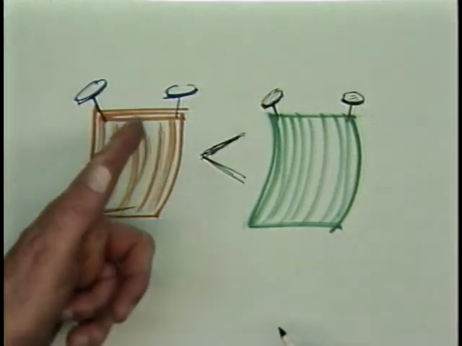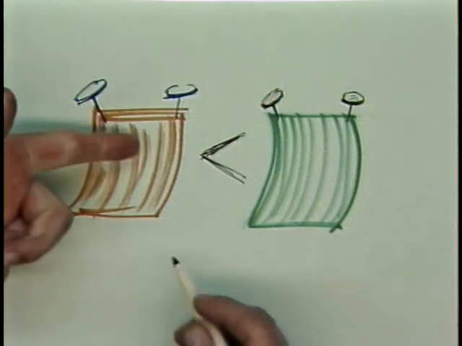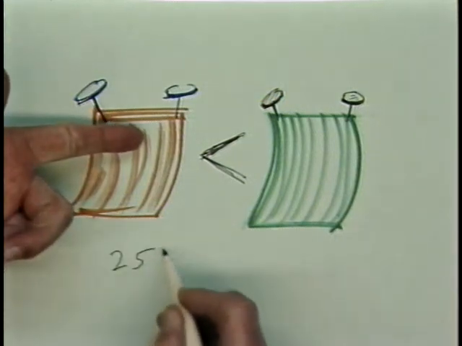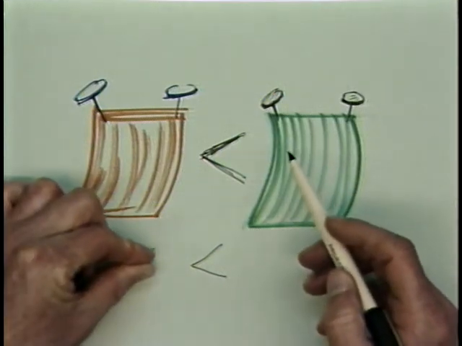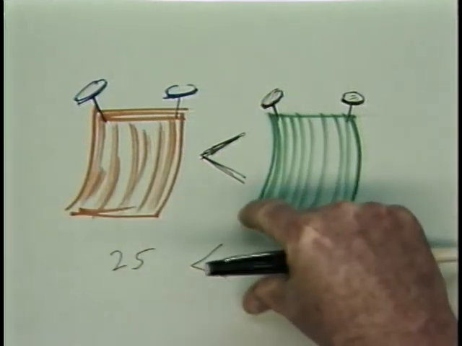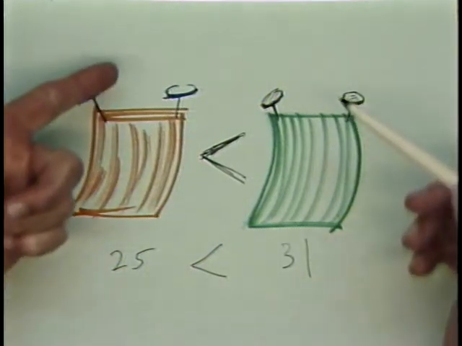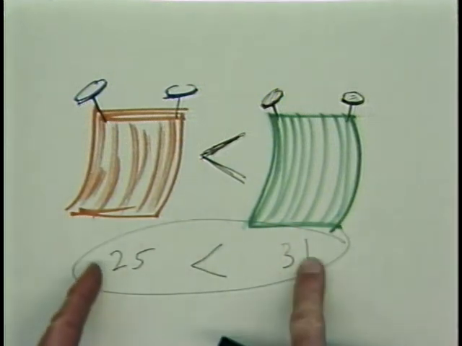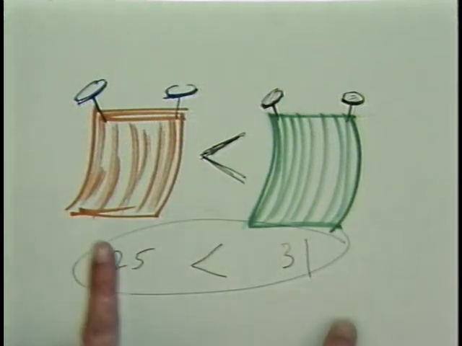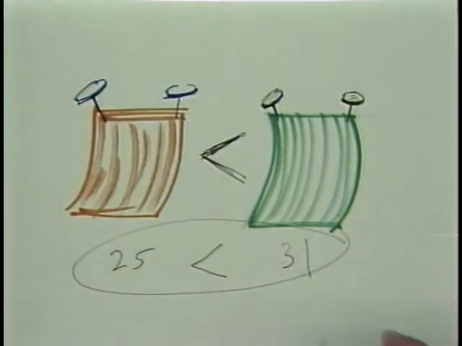And this mark says that this number is less than this number. So this number could have perhaps been 25. Then whatever this number is, if this is less than it, then this number must be greater than that, say 31. So you'll have many problems in your lesson giving you statements like this, asking you, is this a true statement or not? So this is saying 25, new symbol, less than 31, yes, that's true.